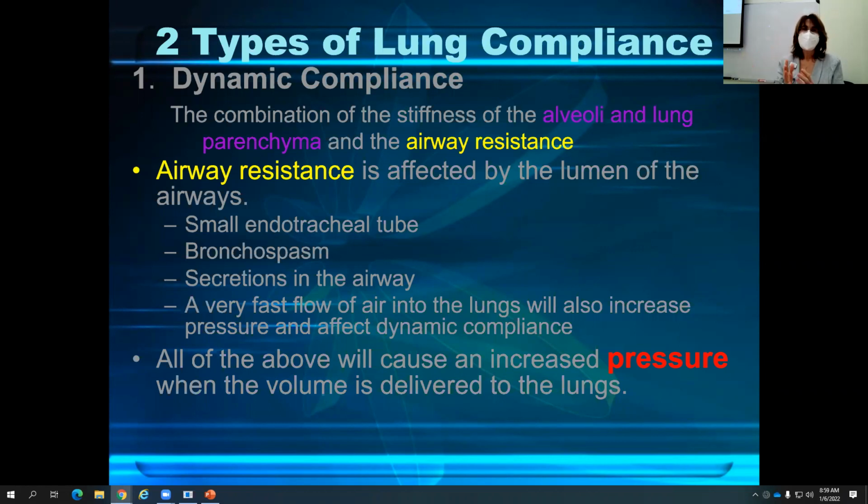So if you have a pressure of 50 centimeters of water, and you take the tidal volume and divide it by 50, you're going to get a small number. So you'll have low compliance. A lot of pressure will give you a low compliance.